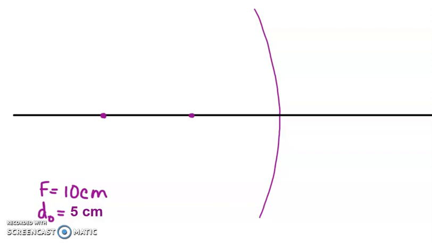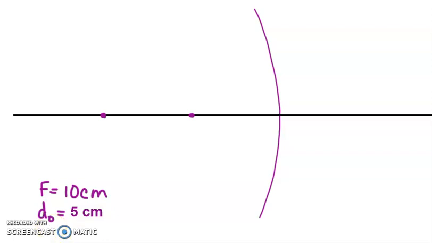So the very first problem that we have, again, this homework sheet 5-6, it says find the image distance and the magnification of the mirror with a focal length of 10 centimeters when the object is placed at 5 centimeters from the mirror. This is the distance of the object.